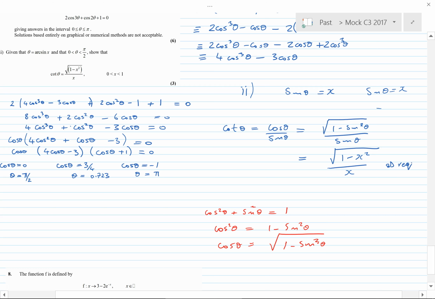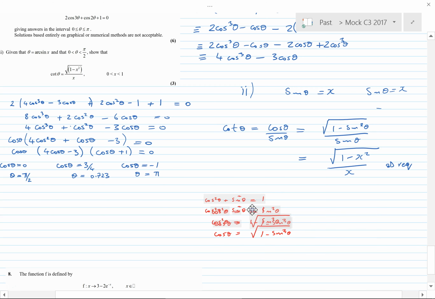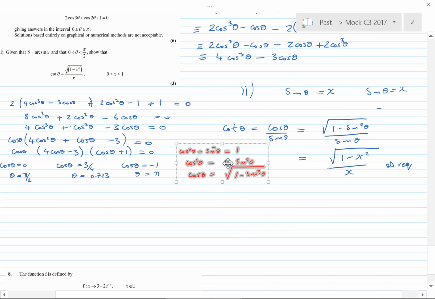Okay, the other way of doing this, which is also quite nice, is to construct a triangle from sine theta equals x over 1.